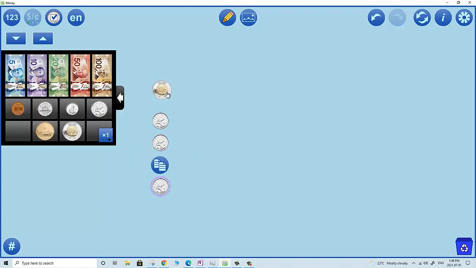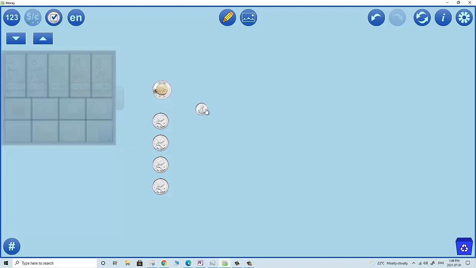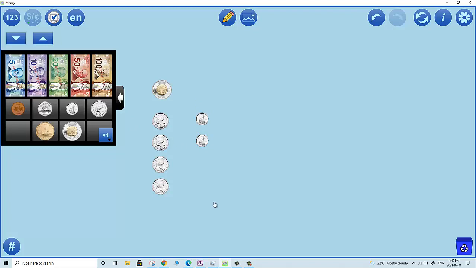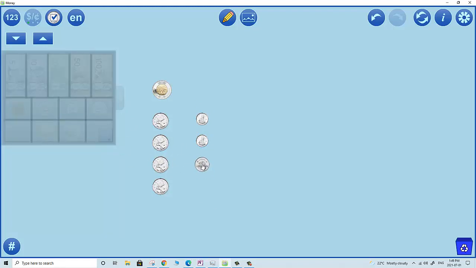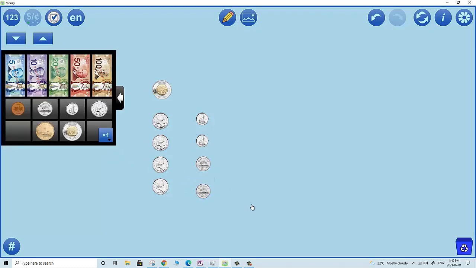So that means $2 and $1 is represented by 4 quarters. So this is $3. And after that, the 32, I'm gonna say 1 dime and 1 dime. This is 20 cents. And I'm gonna say another 10, 5 and 5. That means 30, and after that the 2 cents.